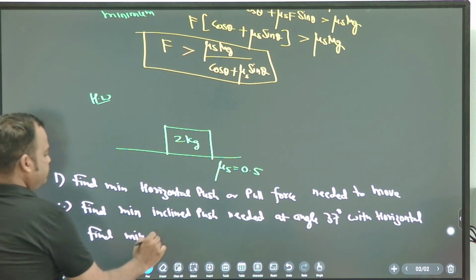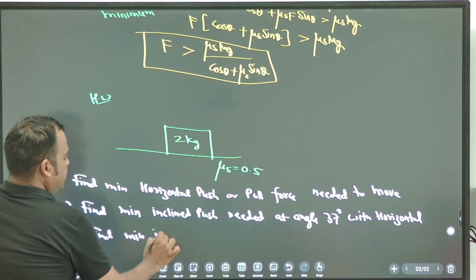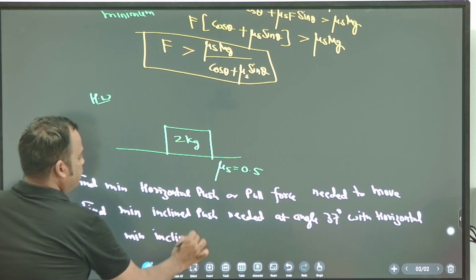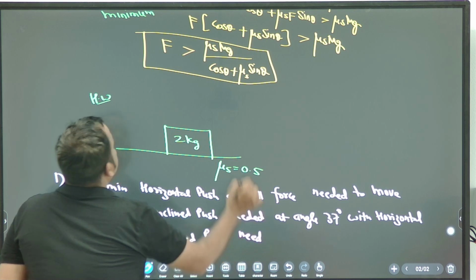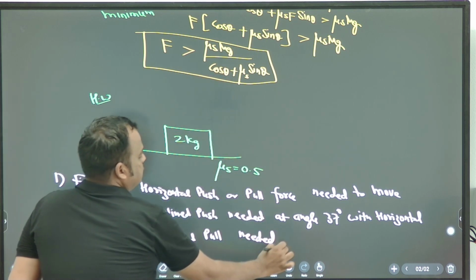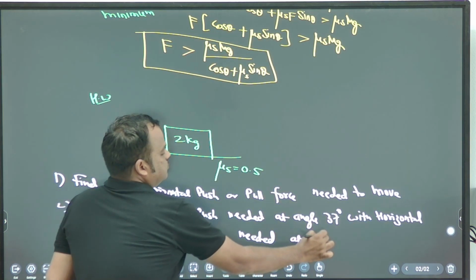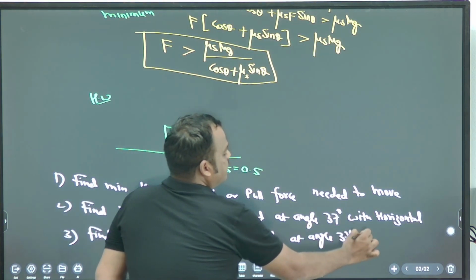Find the minimum inclined pull. Okay, use this formula. Needed at an angle of 37 degrees with horizontal.